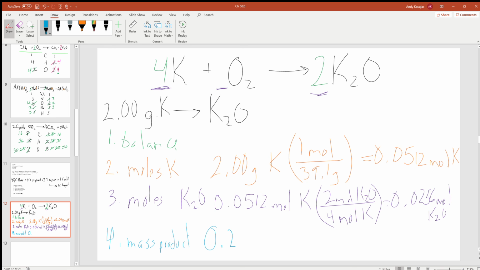So we take our moles that we found in the last step, 0.0256 moles potassium oxide, and we multiply by the molar mass, which we can calculate as 94.2 grams per 1 mole. Tells us that we need 2.41 grams of potassium oxide, or we will make 2.41 grams of potassium oxide.